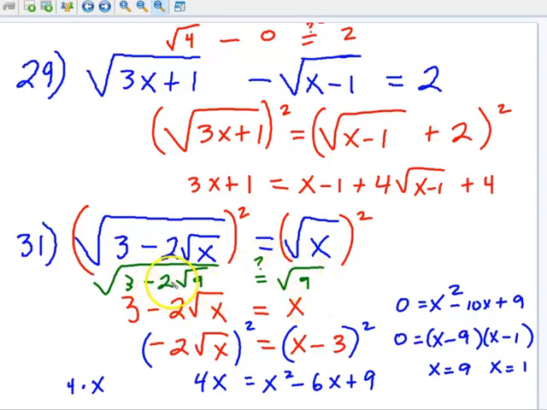Okay, well, let's start here. The square root of 9 is 3. 2 times 3 is 6. 3 minus 6 is negative 3. So we're going to be doing the square root of negative 3, which isn't a real number. So 9 doesn't work.